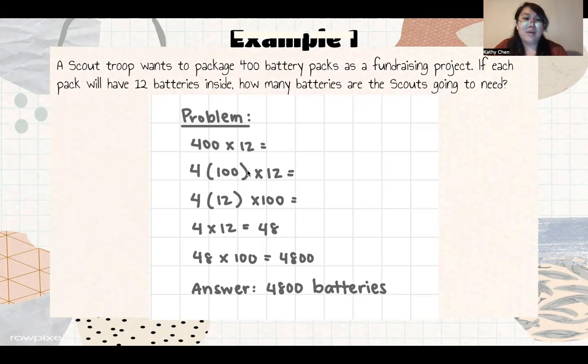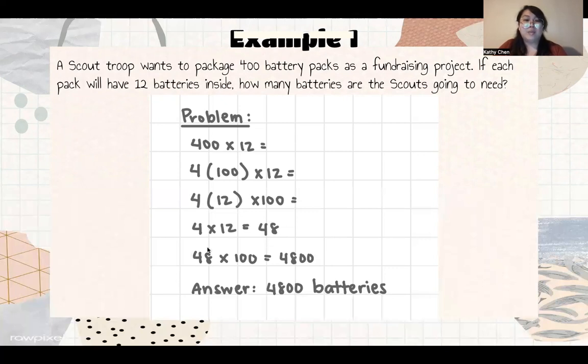What the student did was break apart 400 and they got 4 times 100. And then they also brought down the times 12 right here. And then they regrouped it. So then they moved 4 times 12 times 100. They then solved 4 times 12, which gave them 48.